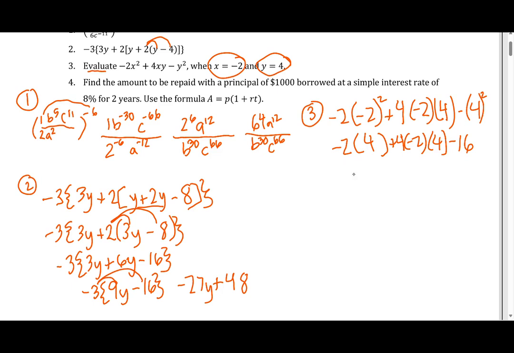Negative 2 times 4 is negative 8. Positive 4 times negative 2 again is negative 8 times 4 one more time is negative 32, and minus 16. If we go left to right, that's going to give us negative 56. Ta-da!